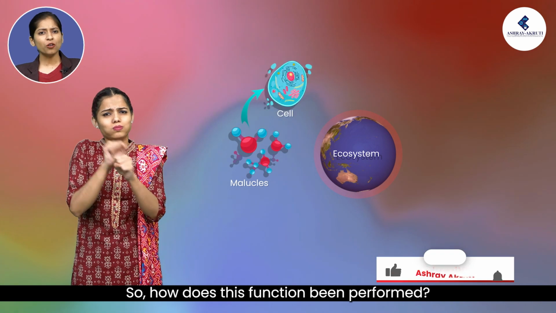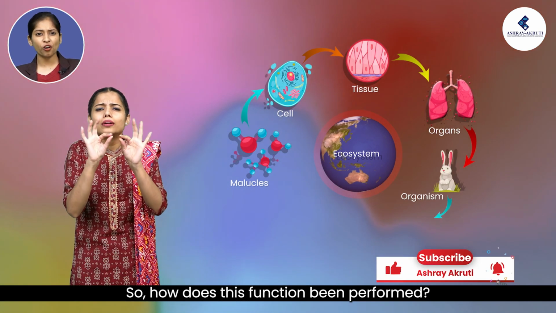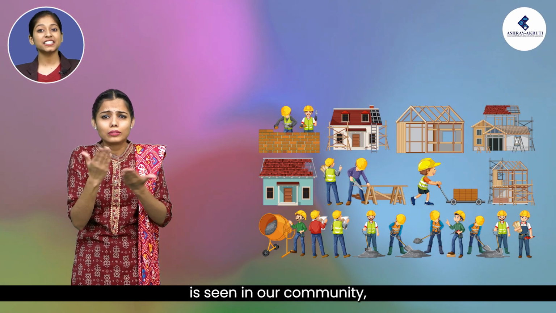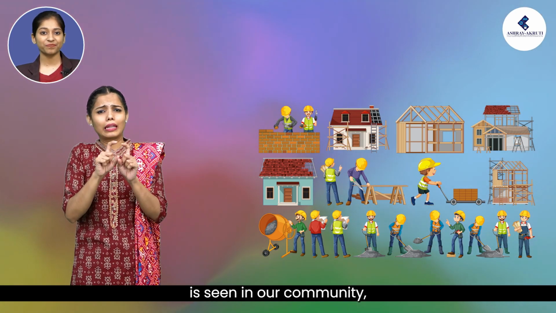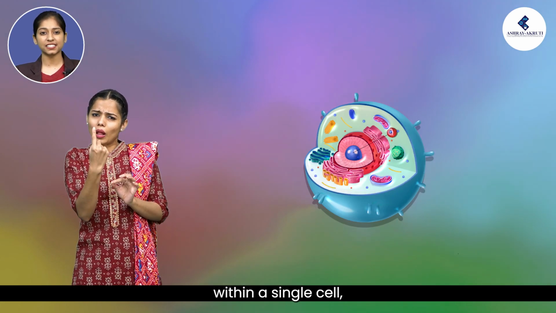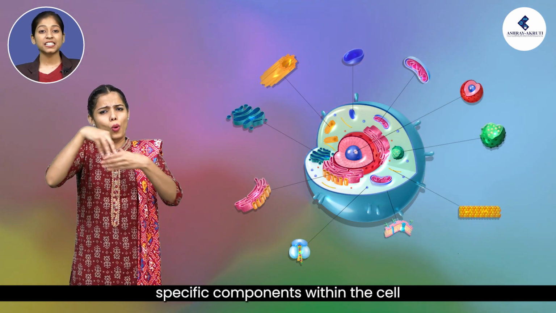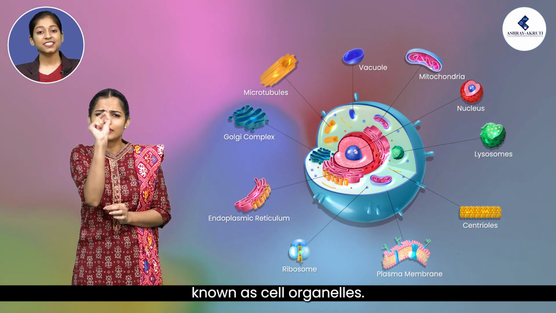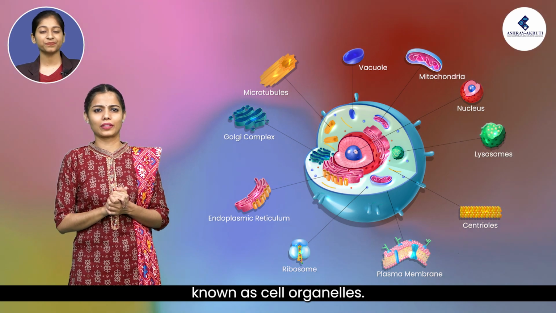So, how are these functions performed? Simple, as the division of labor is seen in our community, division of labor is also seen within a single cell. Specific components within the cell are known as cell organelles.